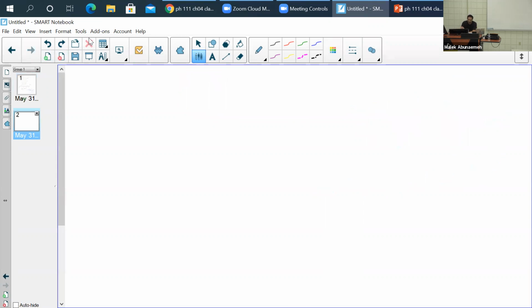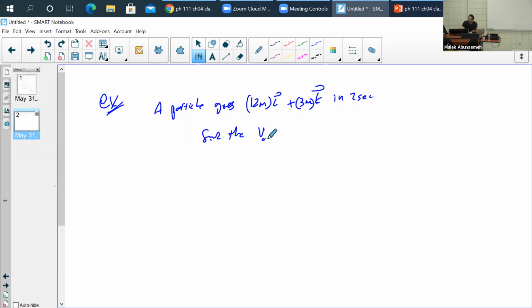So let's do an example, shall we? Let's say a particle goes 12 meters in the i direction plus 3 meters in the k direction in 2 seconds. Find the average velocity.